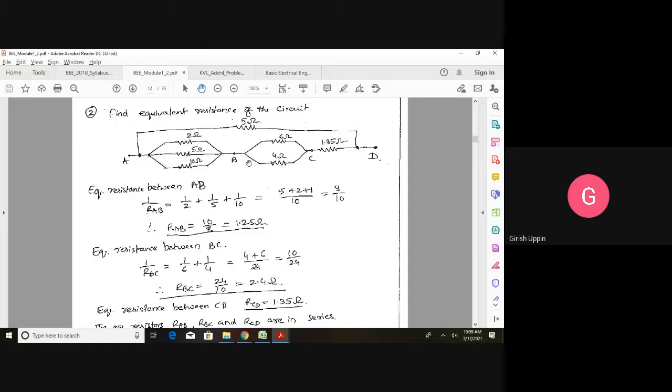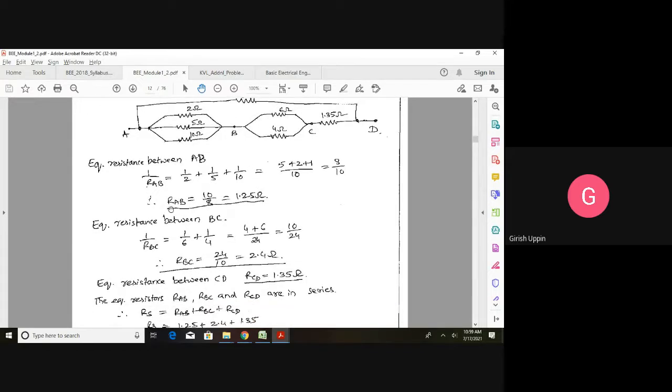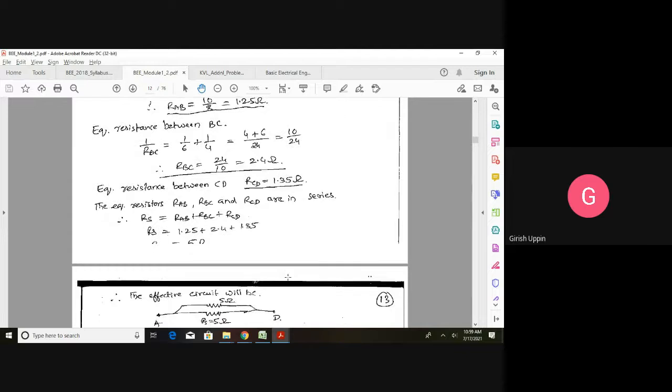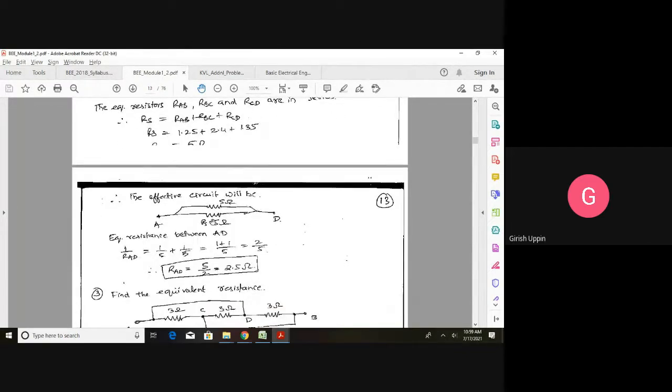This will also come as 5 ohm, I guess. So RAB is 1.25, RBC is 2.4, and RCD we already know 1.35. We get it as 5 ohm. Now what happens? 5 ohm is connected in parallel with 5 ohm.